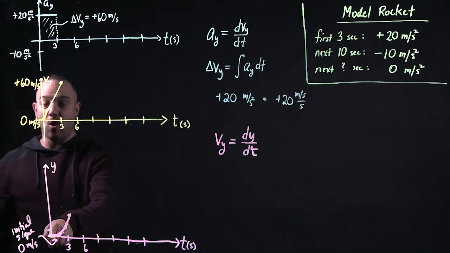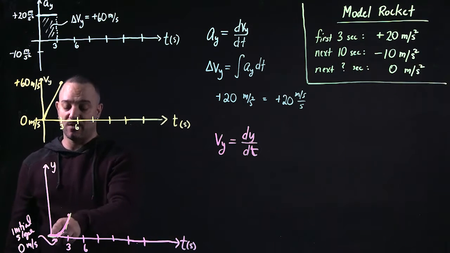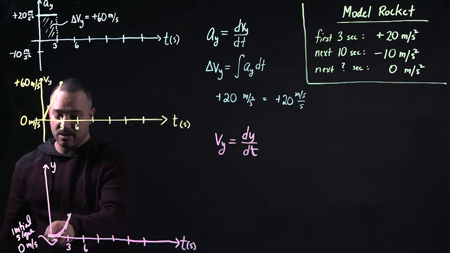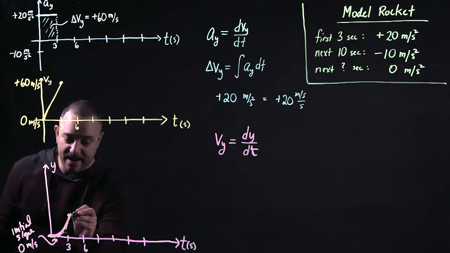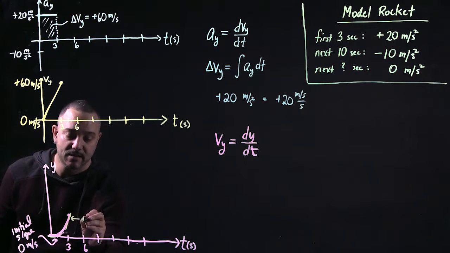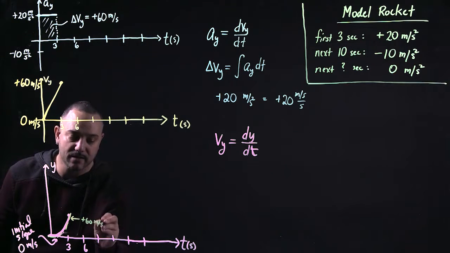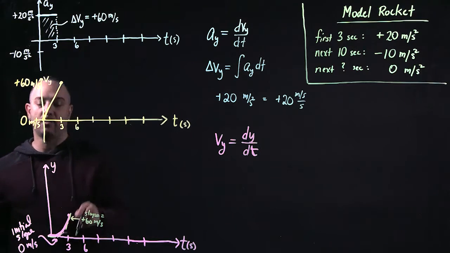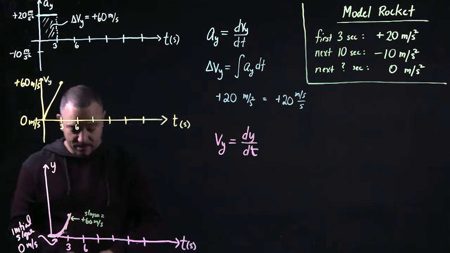So you can see the slope of the position curve is changing. Initially, the slope is 0 meters per second. At this point in time, at 3 seconds, the slope right here is plus 60 meters per second. So that's the slope. So we have a changing slope on the position graph.